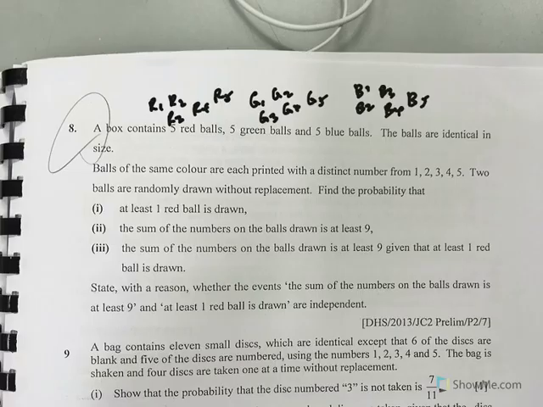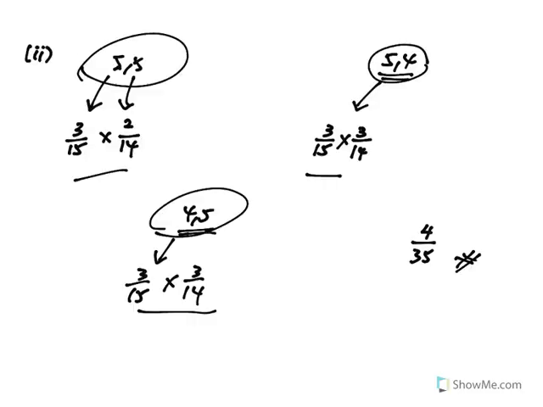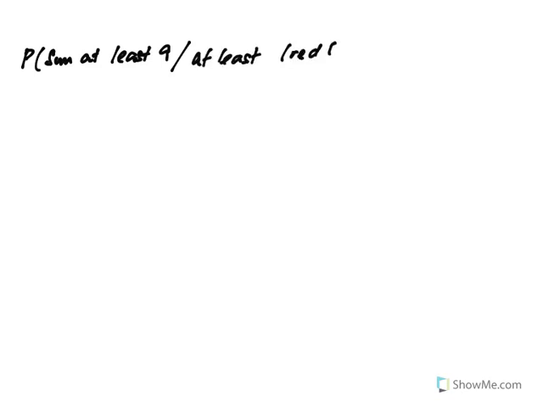So next, part 3. The sum of the numbers of the balls drawn is at least 9, given that at least one red ball is drawn. So the probability that the sum is at least 9, given that at least one red ball is drawn.